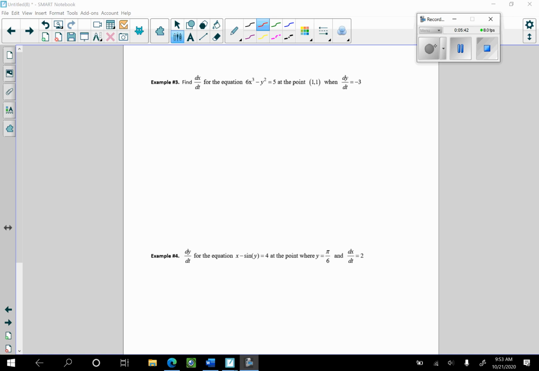First of all, let's make sure that the point does indeed work: 6 times 1 cubed is 6, minus 1 is 5, so the point does. All I'm doing is checking to make sure that my text is correct, that it's a valid problem. Okay, so I want to find dx/dt. I know that dy/dt is equal to negative 3. So what am I going to do? I'm going to differentiate everything with respect to t.